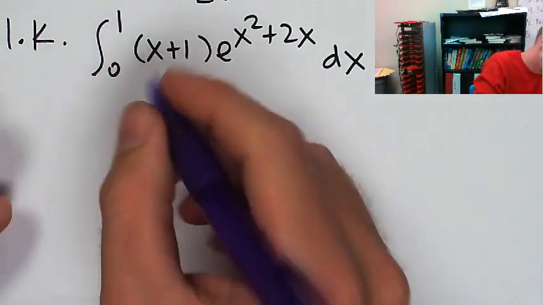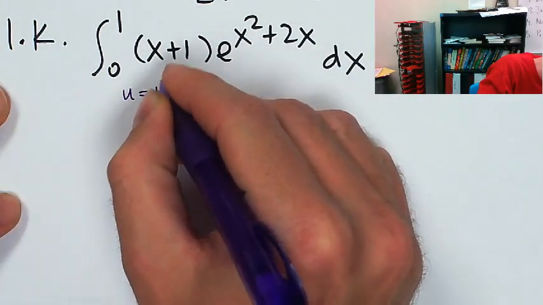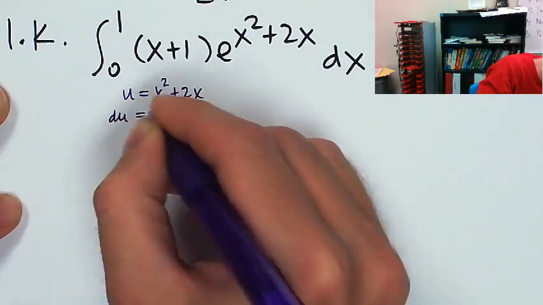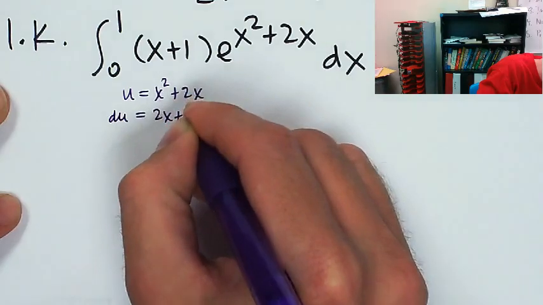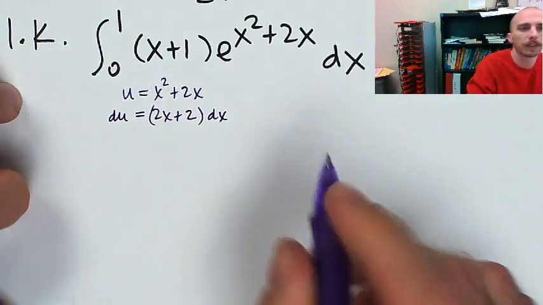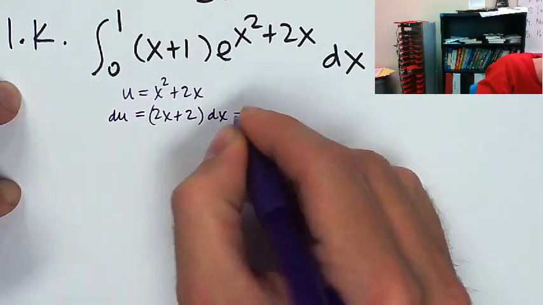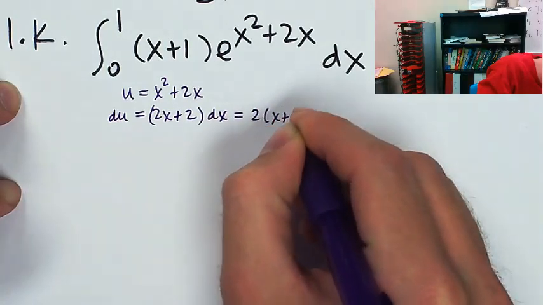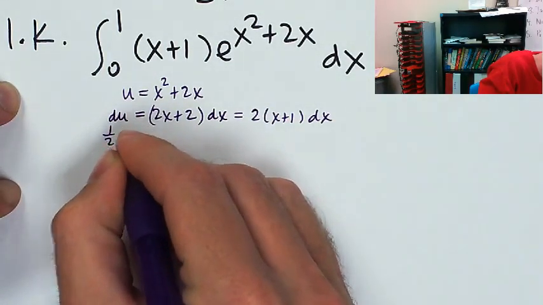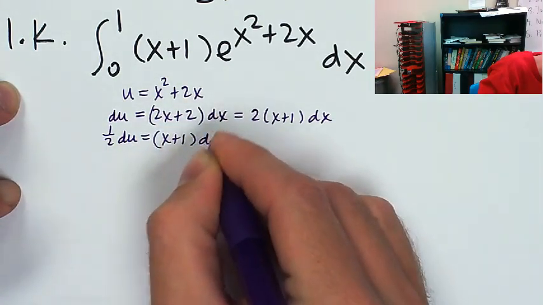So I'm going to let u equal x squared plus 2x, so that du is 2x plus 2 dx. But I don't have 2x plus 2 dx; I have x plus 1 dx, so I'm going to factor out that 2 and solve for x plus 1 dx. So that's half of du equaling x plus 1 dx.